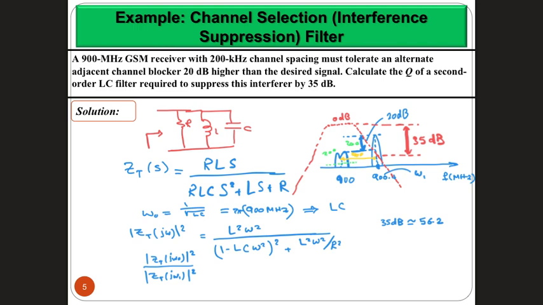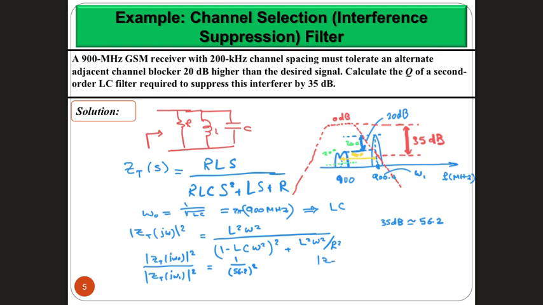This is the desired point of attenuation. The ratio between those two should be equal to 1 over 56.2 squared, right?